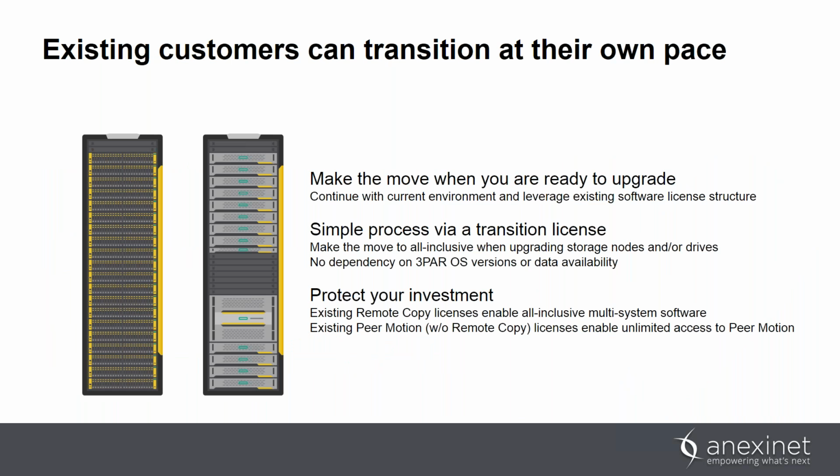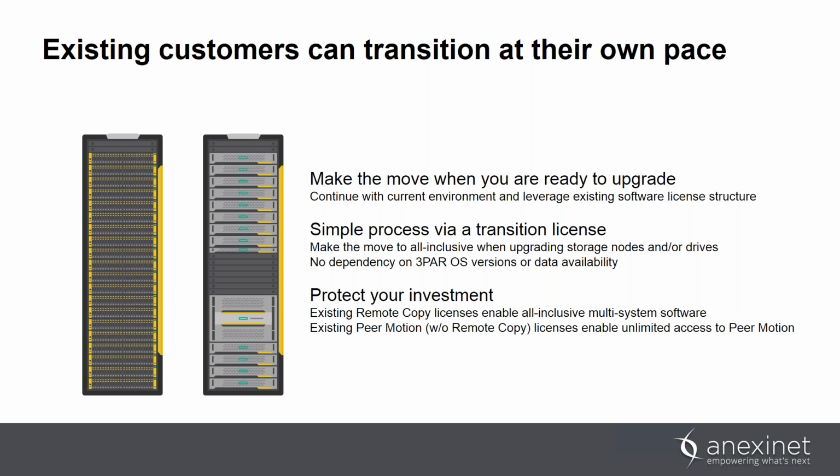Existing customers can transition at their own pace to the all-encompassing licensing. It's a small uptick, and once you do that, it gives you access to all the features. There's no dependency on 3PAR OS versions or data availability.